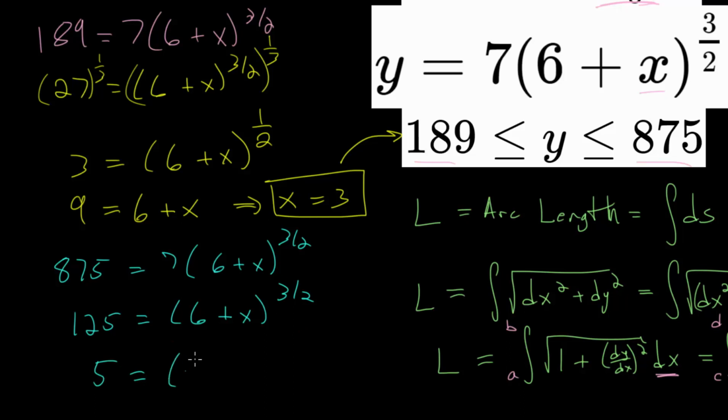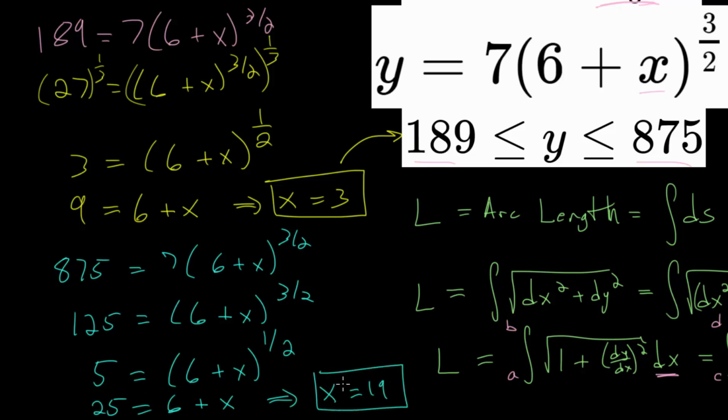On the right-hand side, we lose the 3 in the numerator. It just becomes a 1 now. Same process as above. And to get rid of the 1/2 exponent, we square everything. So we get 25 is 6 plus x. And subtracting 6, we get that x is 19. So we have the bounds, and now we just need to apply this formula.